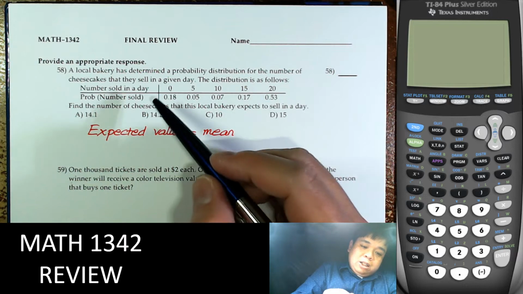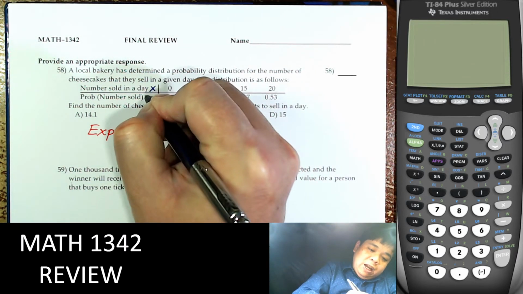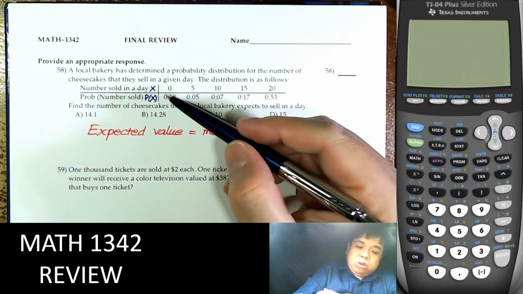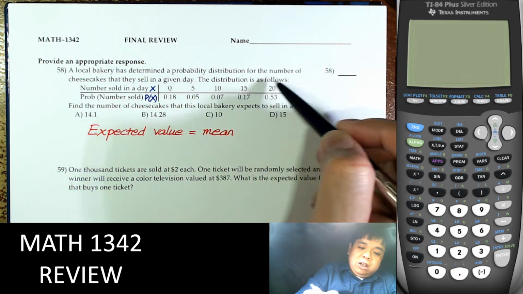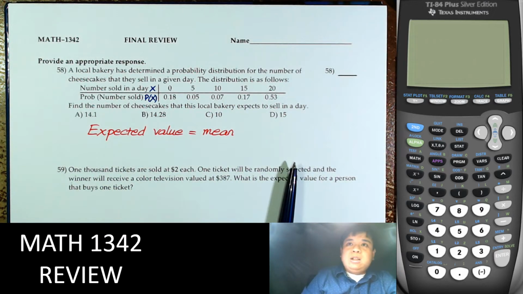So for that, we have the values. This is x and the corresponding probability p of x. So we just multiply and then we add all of them up, or we just use a calculator using lists on the calculator. So hit stat, and then enter.